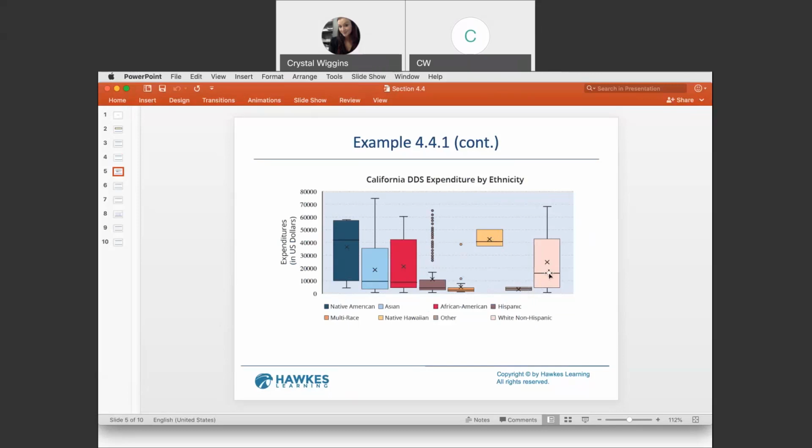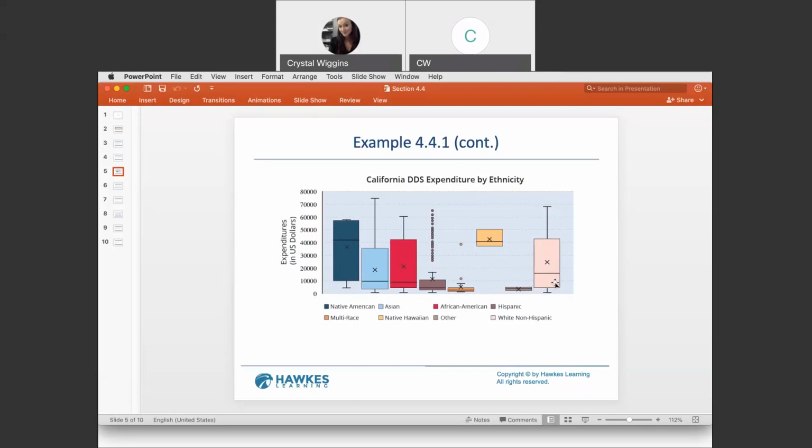And the pink is the white non-Hispanic, skewed right, and definitely almost as high as Asian when it comes to expenditures. So if you were to look at these box plots and we're comparing them as races to the expenditures that have been used on these races, we would say that they definitely do not look like they have been dispersed evenly.